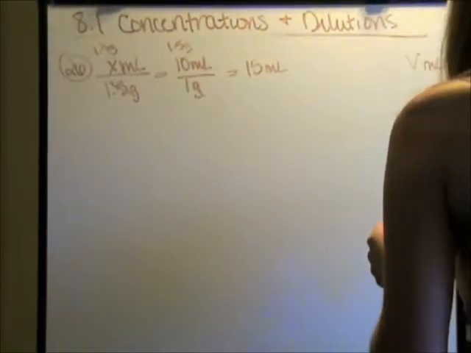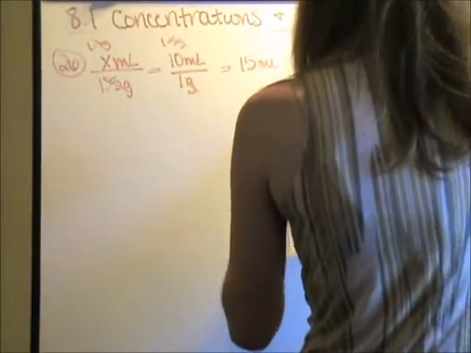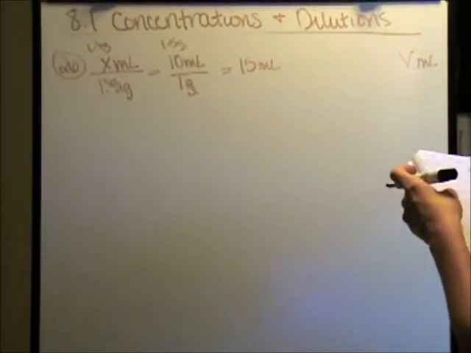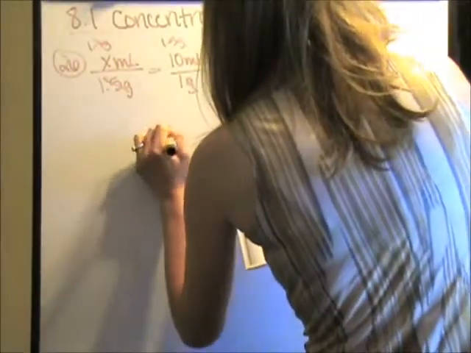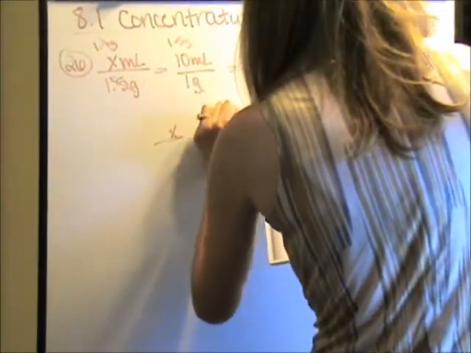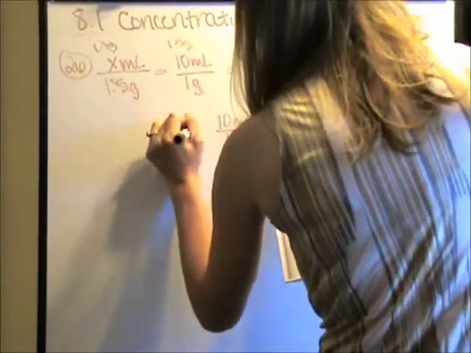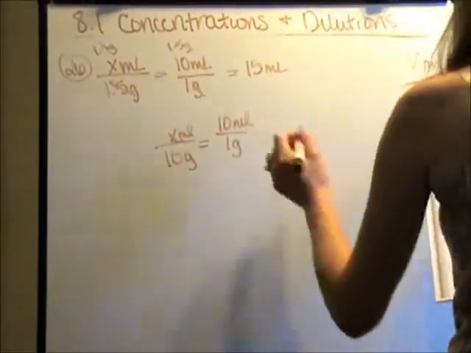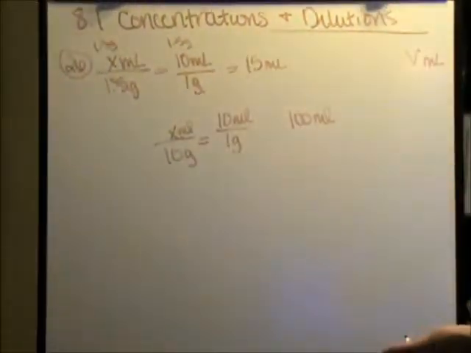So now that we know our milliliters, if you look at the label, it says 10 ml is equal to 1 gram. So 10 grams is, of course, going to be equal to 100 milliliters. And some people may want to do a proportion for that.